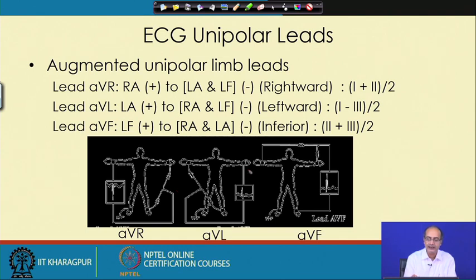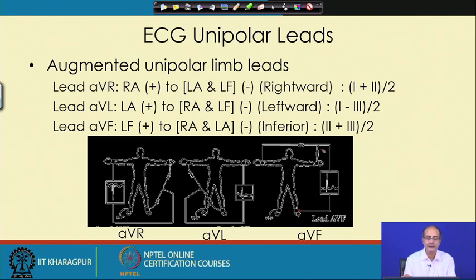Here the single lead is connected from the left arm, and the midway potential between the other two, the right arm and the left leg, provides the reference. And for the third case, AVF, the left foot is the point from where we take the connection, and the midpoint potential of the two arms serves as a reference.